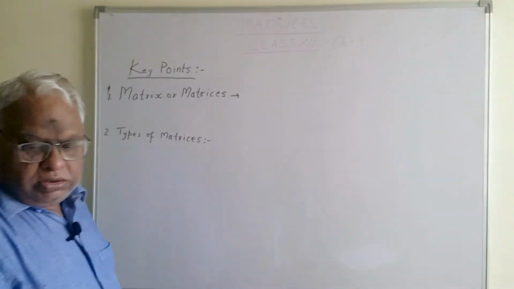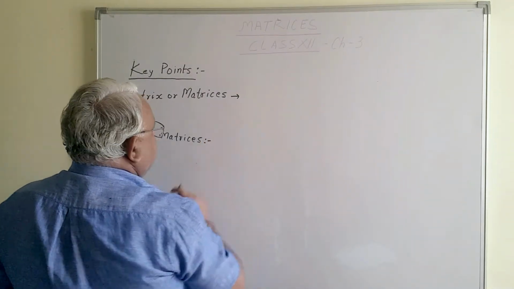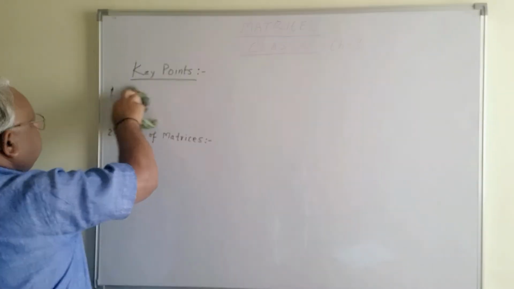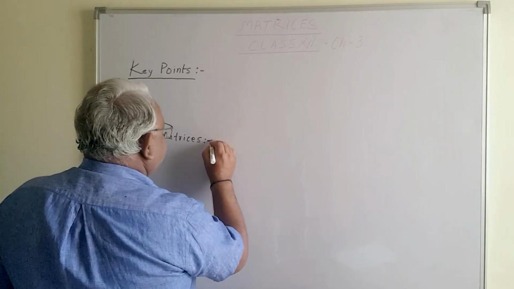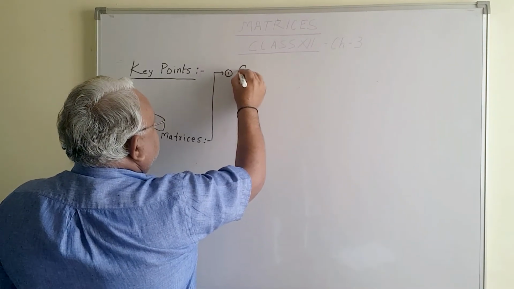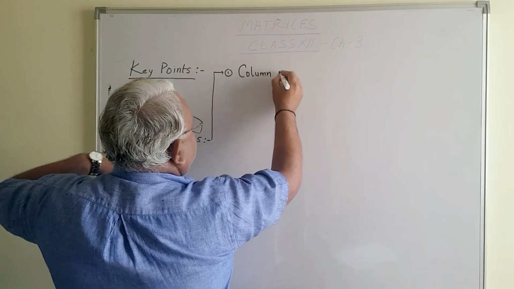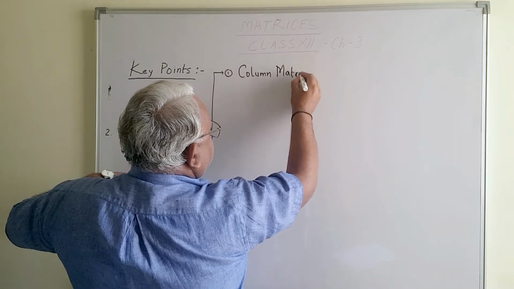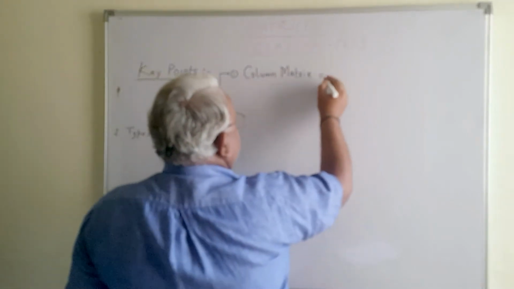First of all, let me explain the first type. The first type is the column matrix.